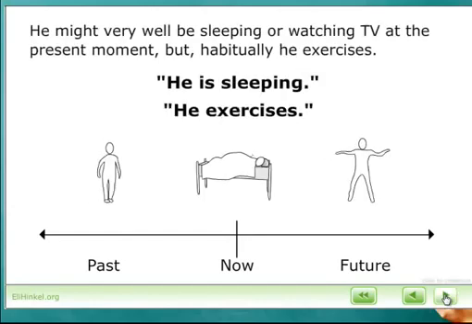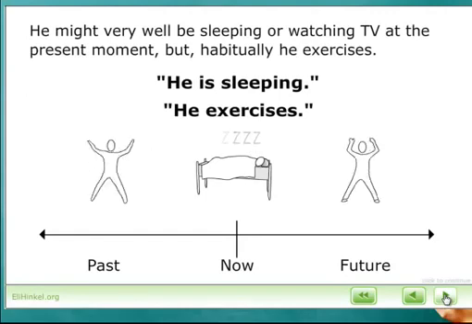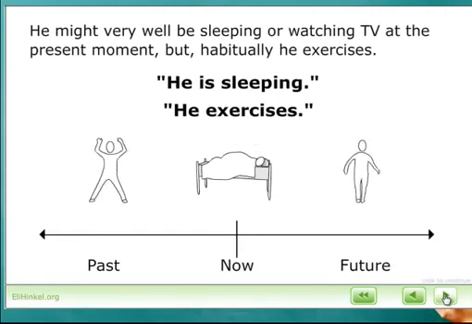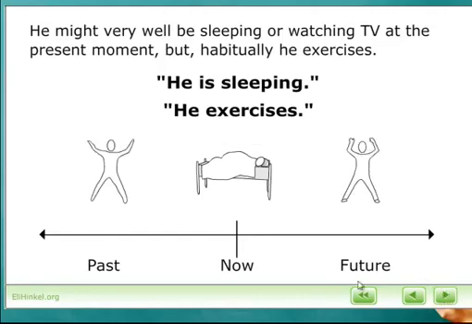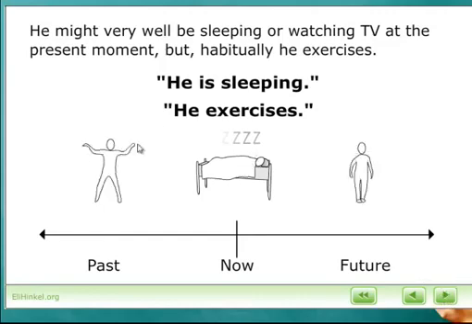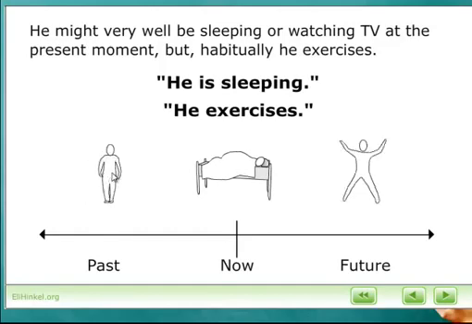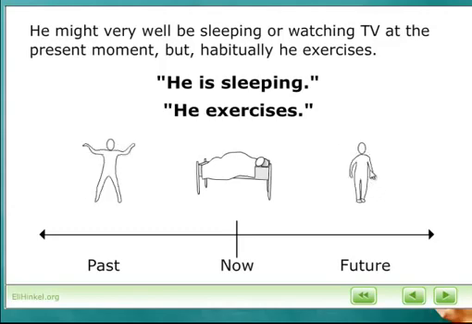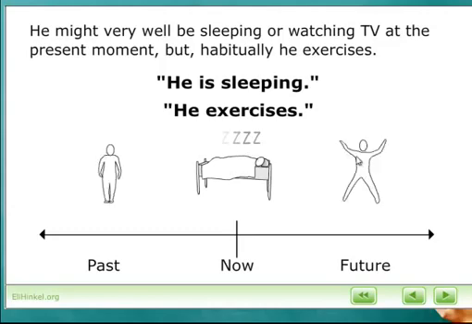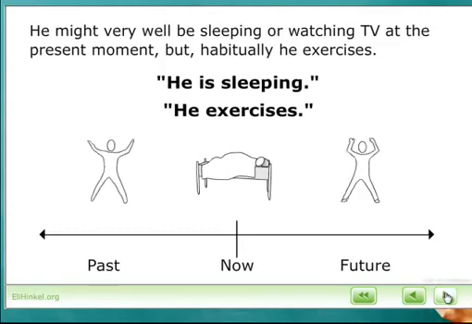But that does not mean that he's exercising now. Maybe he's watching TV. Maybe he's sleeping. Right now, he's sleeping, but he exercised this morning, and he will exercise tomorrow. So that means he exercises. It's something that he does.